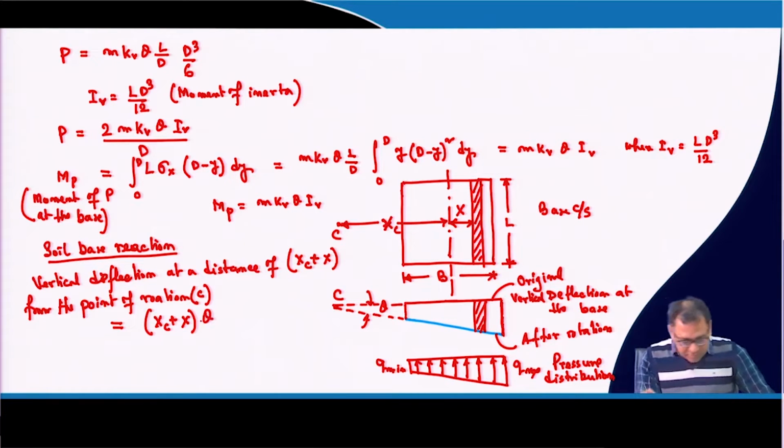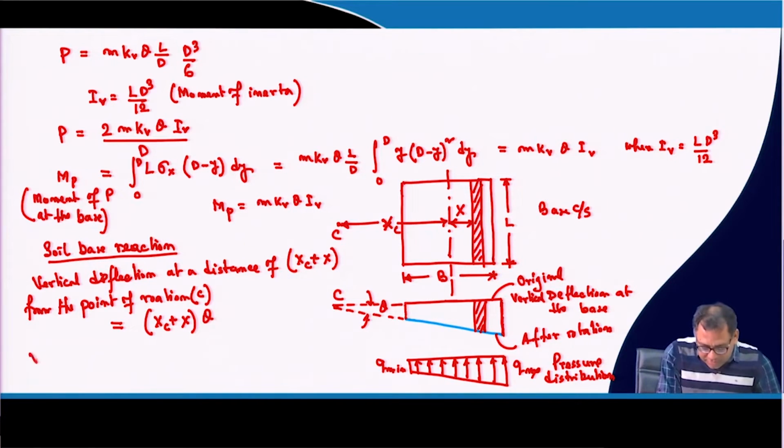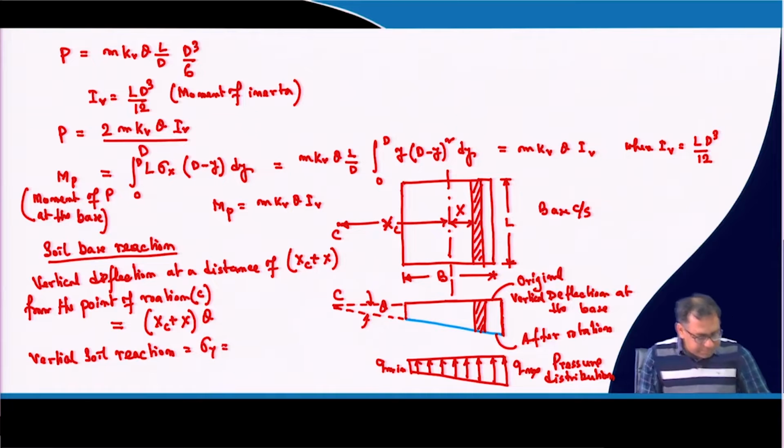So, because of the rotation, the vertical soil reaction sigma y will be how much? The deformation is this amount and we know the kV, that means the coefficient of vertical subgrade modulus. So, that stress will be K into the deflection.